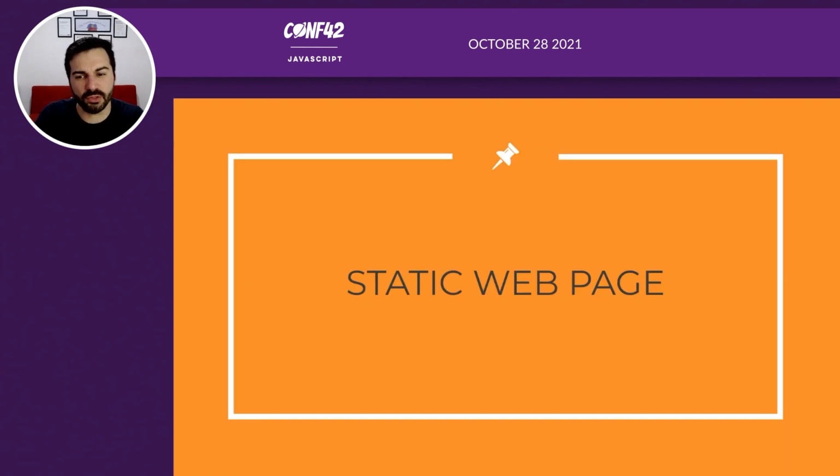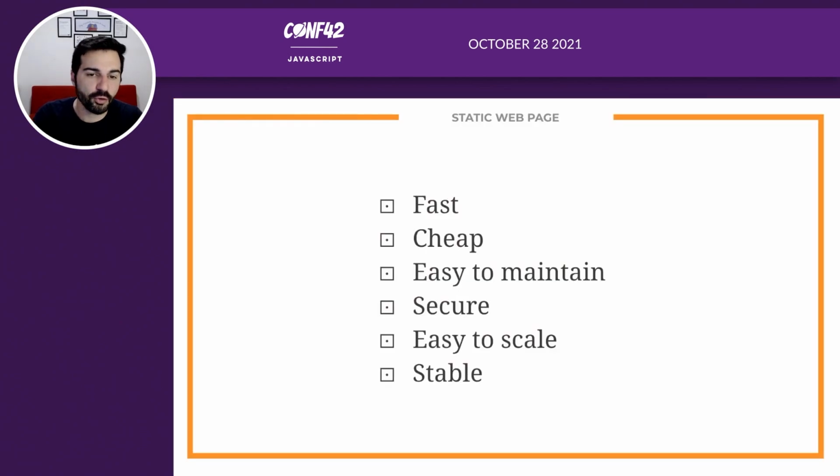But let's go back to the static web page, because even though this was the first type of web pages that we were able to create in the 90s, for instance, they have some cool benefits that we can identify and take advantage of even in these years. For instance, a static web page is fast because we are delivering static assets to the users without doing any kind of processing or any dynamic generation of content.